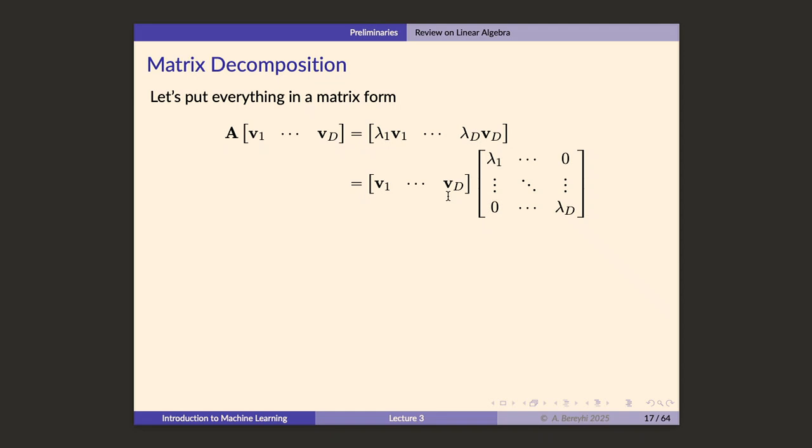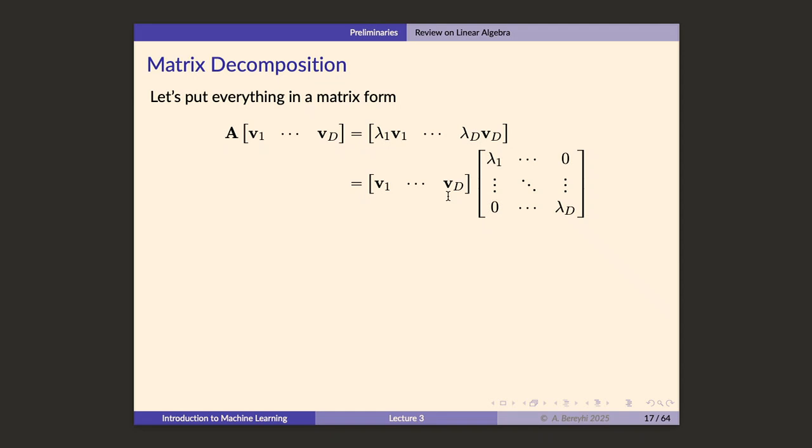Okay, so now that you have this, let me call this whole thing. I told you that this is going to be lambda 1 till lambda d on the diagonal. Everything else here is 0. It's a diagonal matrix, d by d. This is the matrix containing all your eigenvectors, right?